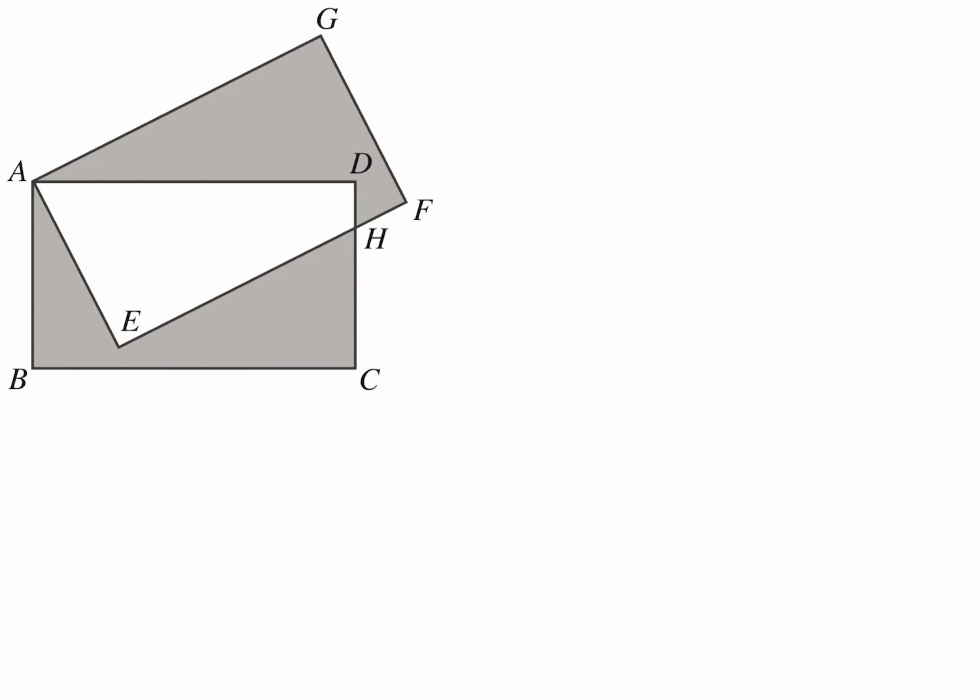So here is my diagram, and what I'm going to do is extend this line AD like that, and extend EH like this. And I can call that point P, where they intersect right there.